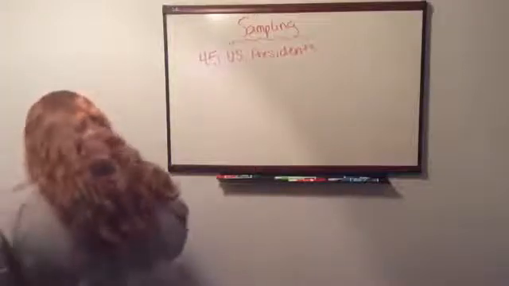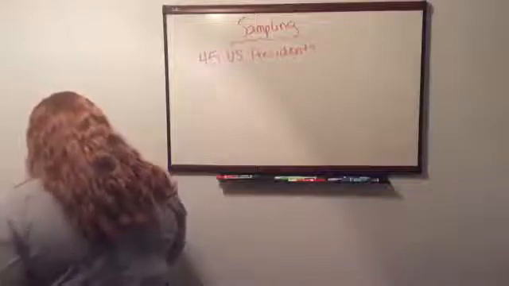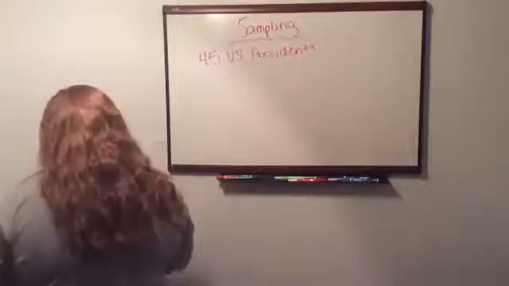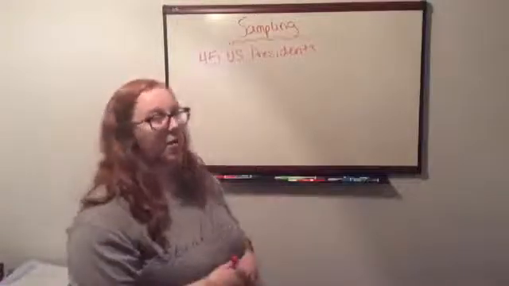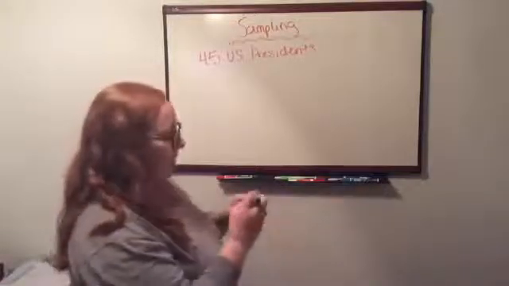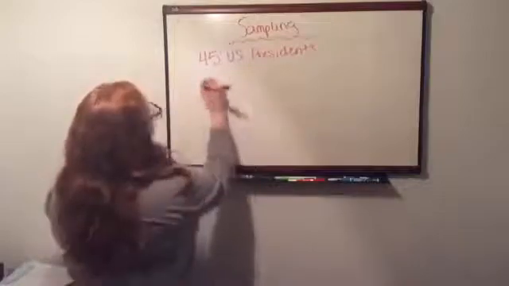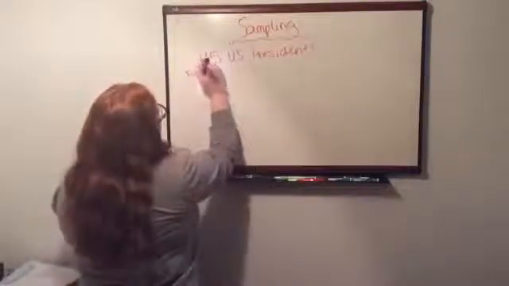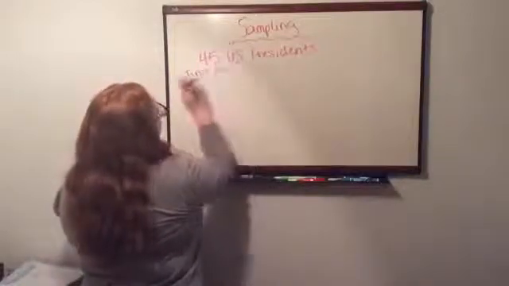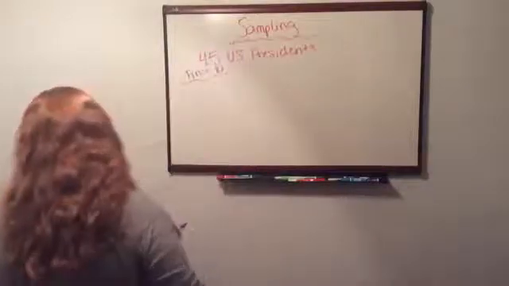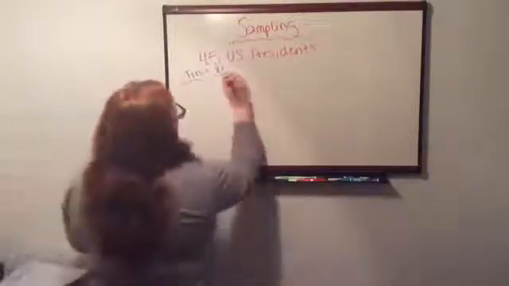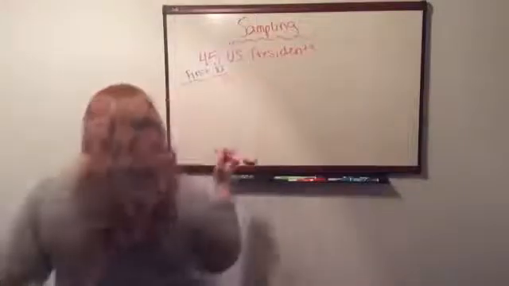Let's see, where is that list? Okay, so the first one we're going to look at is the first 10 presidents of the United States. The first 10 presidents were George Washington. He was 57 when he was inaugurated.